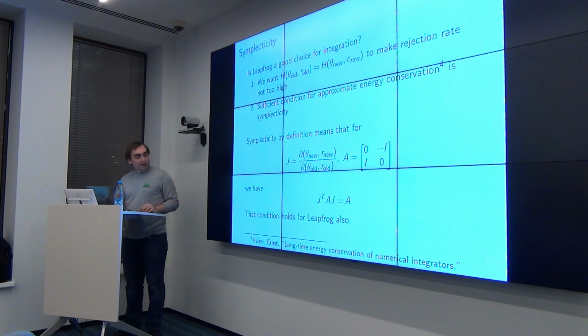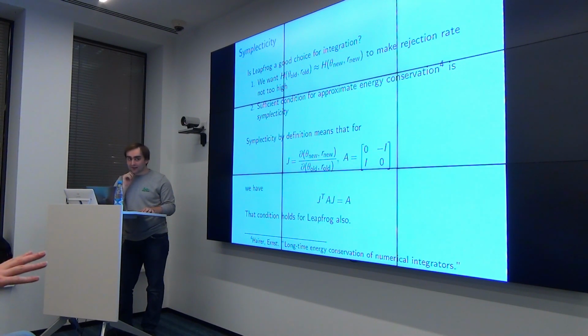What is the exact definition of symplecticity? Is it this one? Yeah. You consider the Jacobian, and this equation should be satisfied for the Jacobian, for one step of your integration scheme. And this symplecticity guarantees that the energy is conserved, right?